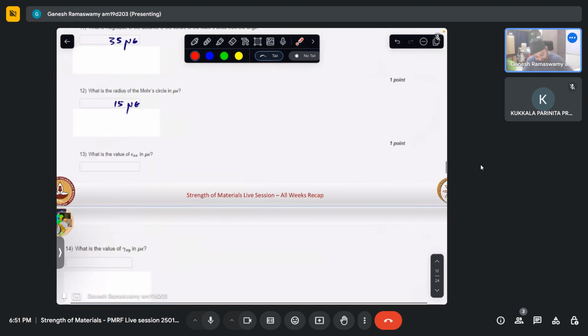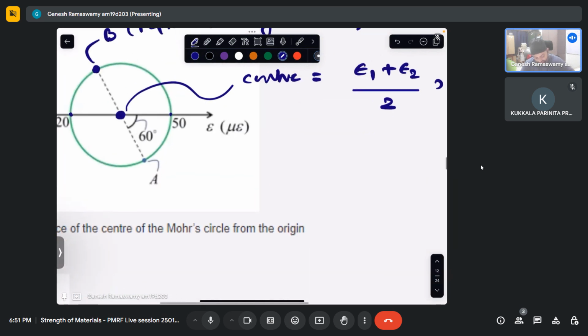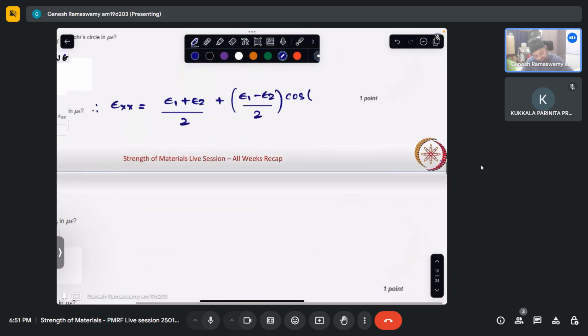Therefore, epsilon xx is epsilon 1 plus epsilon 2 by 2, the ordinate of the center, plus epsilon 1 minus epsilon 2 by 2, the radius, into cos 60 degrees.